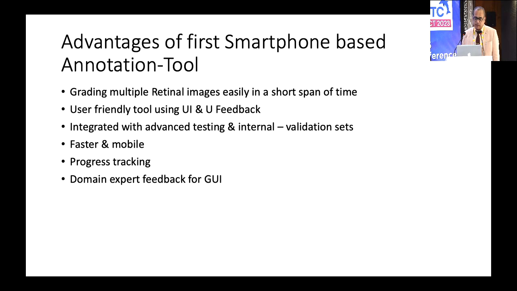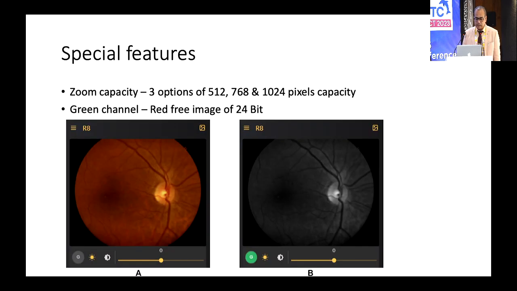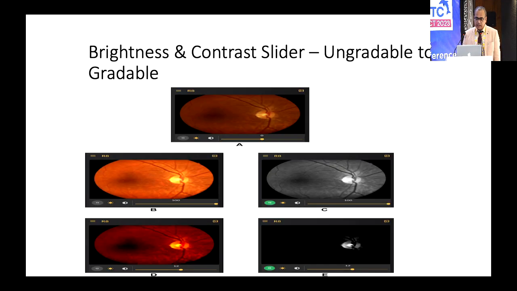It was integrated with advanced testing and internal validation sets. It was faster, mobile, we were able to track the progress, and domain expert feedback was there for the graphic user interface. It has many special features like zoom with options of 512, 768 and 1024 pixels, a green channel for the red free image, and we added a brightness and contrast slider.